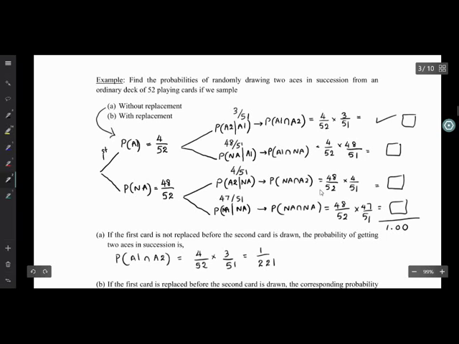So if you add the 4 probabilities according to this multiplication rule, you will end up with total probability 1. If you cannot get total probability 1, that means you have made a mistake somewhere in the middle steps. So you can double check it.